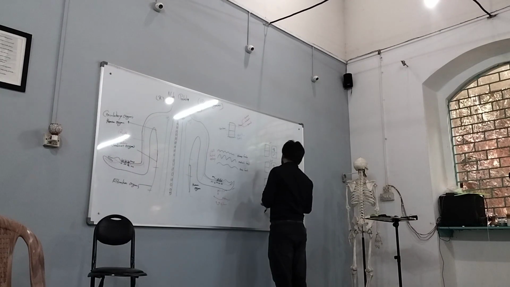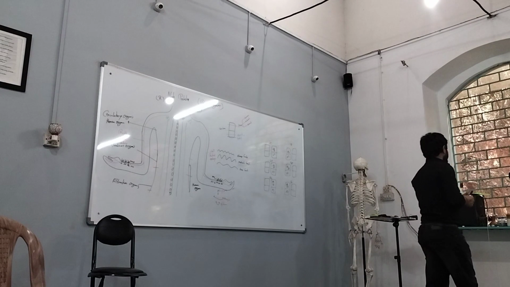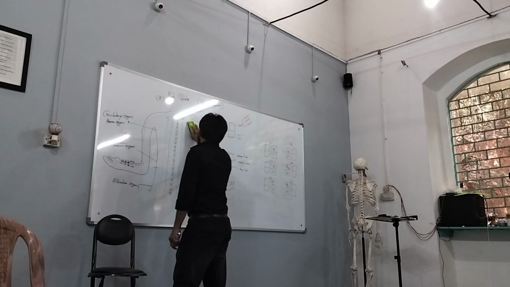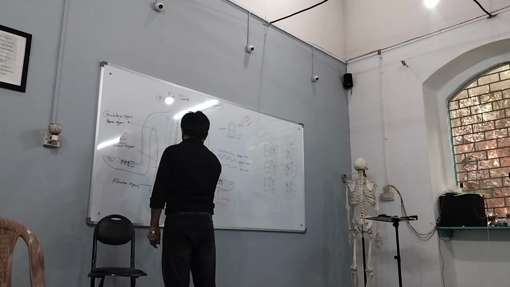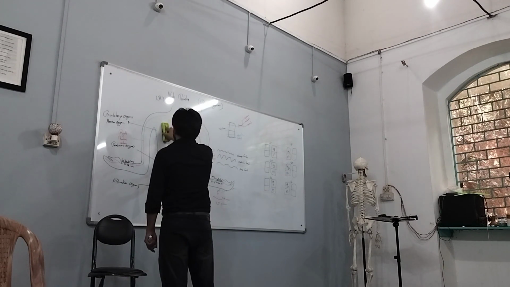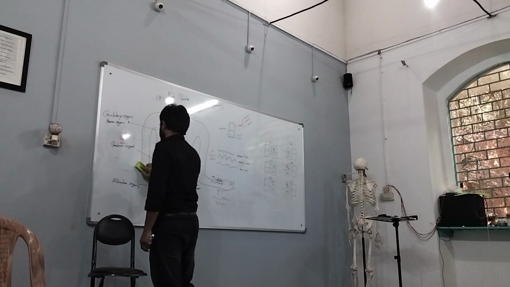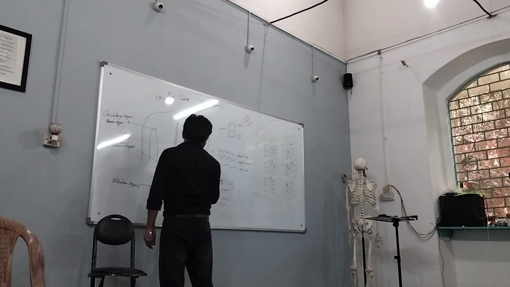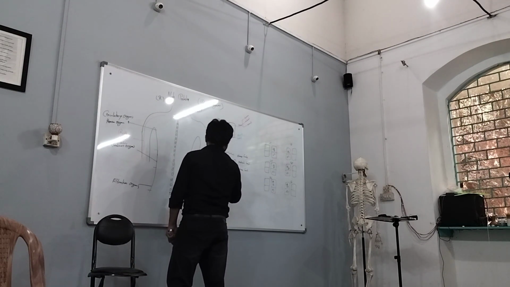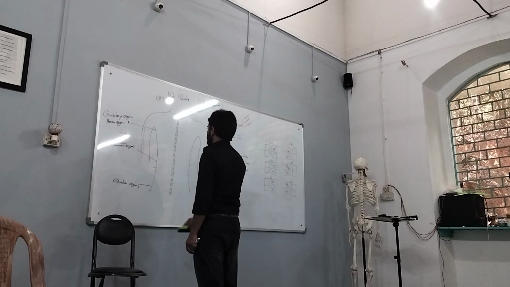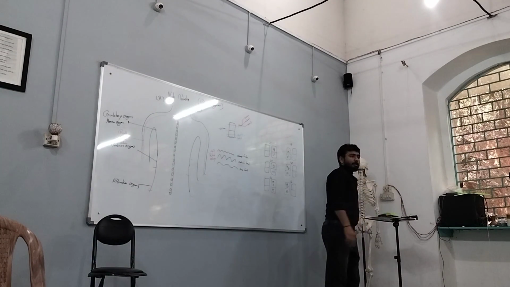So again: UB18, liver 3, LR3; UB20, spleen 6; UB23, kidney 3, the same for both kidneys.